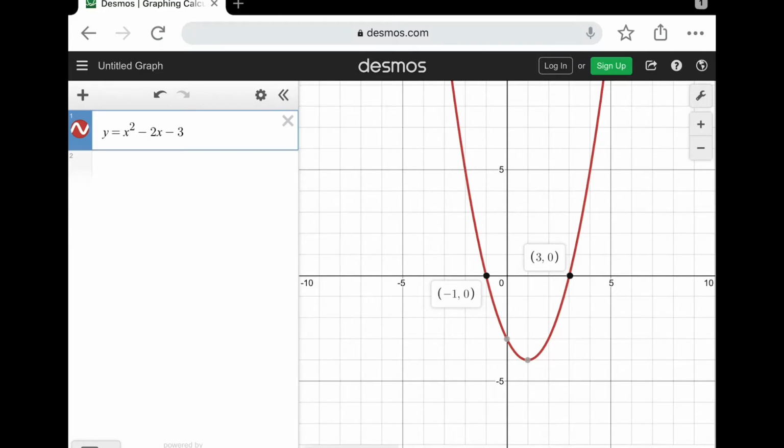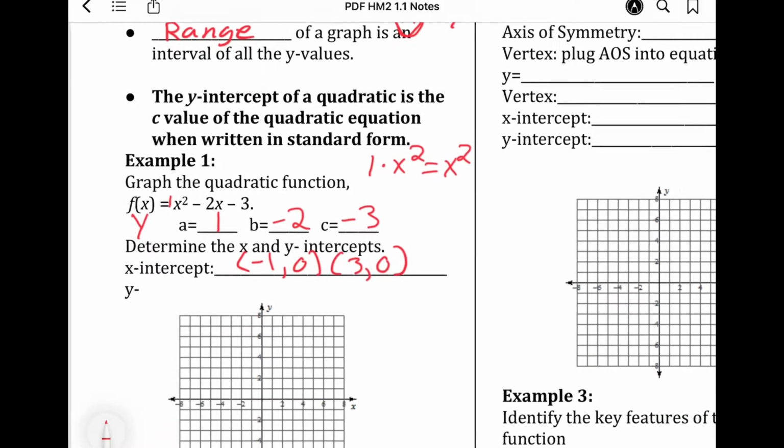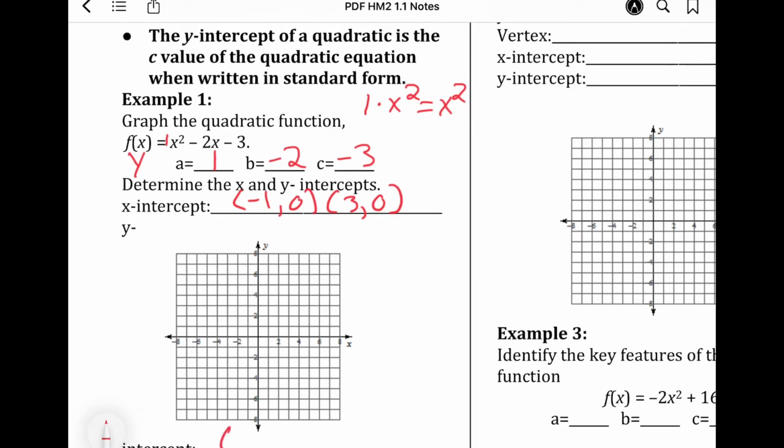My y-axis is that up and down, or that vertical bolded line. And there, that gray dot shows me my y-intercept. So my x-intercepts are negative 1, 0, and 3, 0. And then my y-intercept is at 0, negative 3.